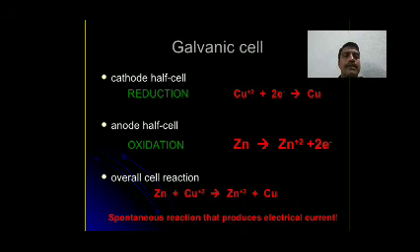This vertical line indicates the copper plate. So Zn vertical line Zn plus 2 1 M, two vertical lines, Cu plus 2 1 M, single vertical line Cu. These two half cells are connected with the salt bridge, represented by two vertical lines.